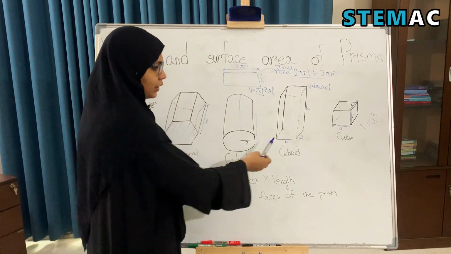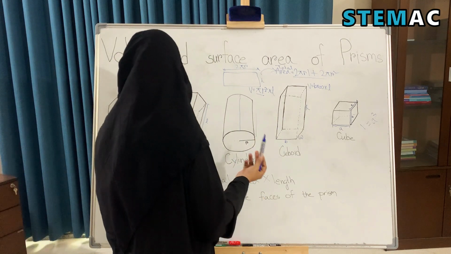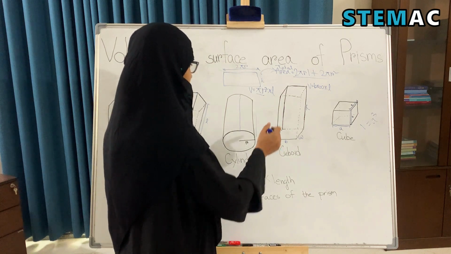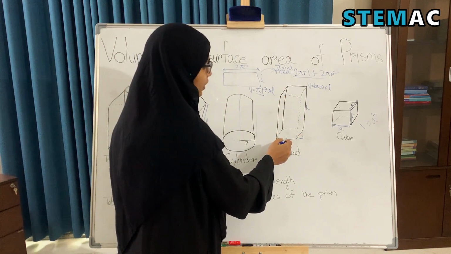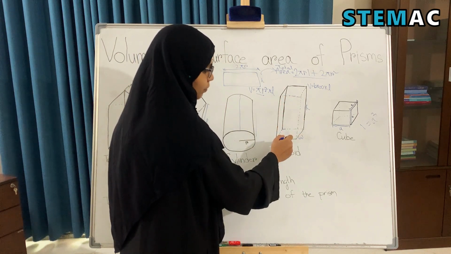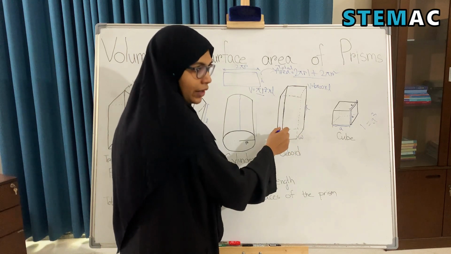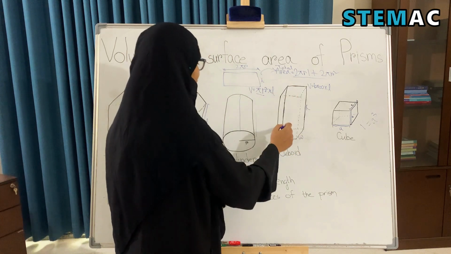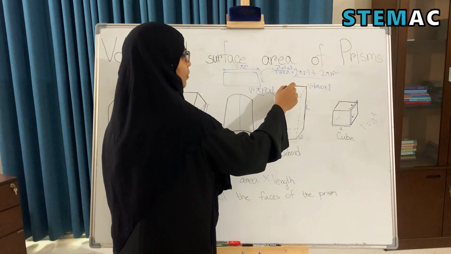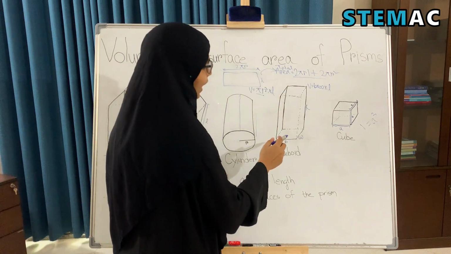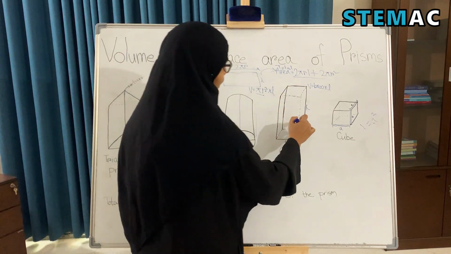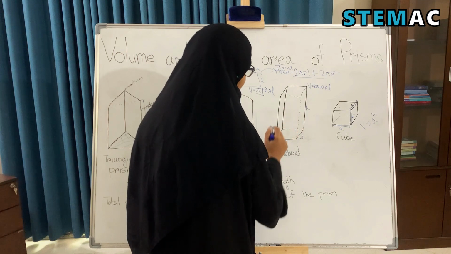For the cuboid here, the total surface area would be 2bw. B into W is one cross section, one face, so 2bw, plus there are 4 more faces, right?